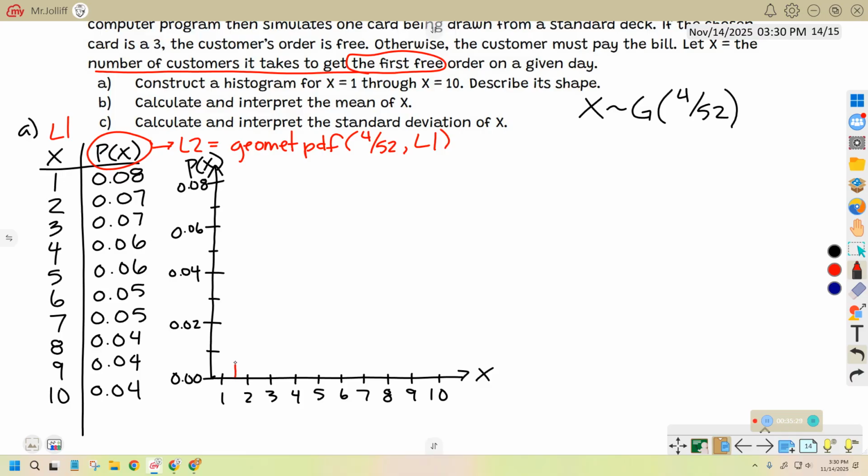So all the way up to the top. Probability of getting it on the second or the third is 0.07. So my next two bins stop at 0.07, which is there.